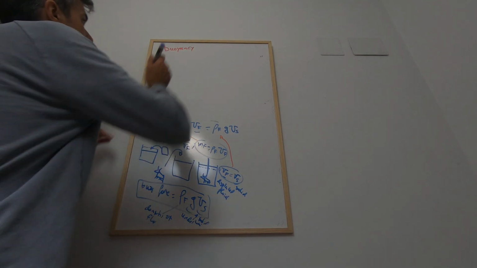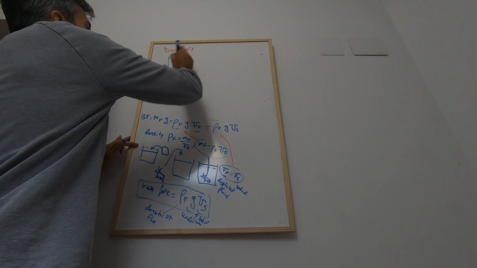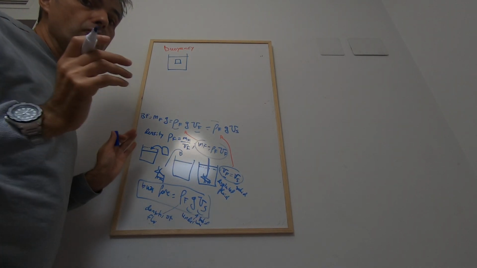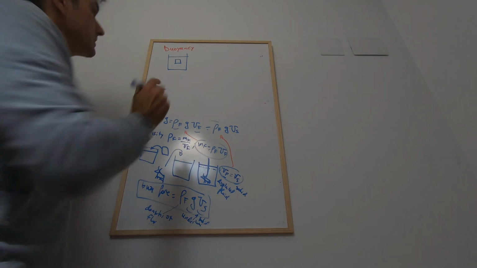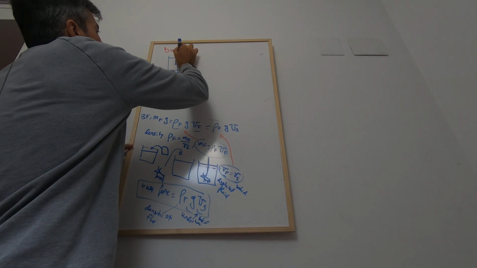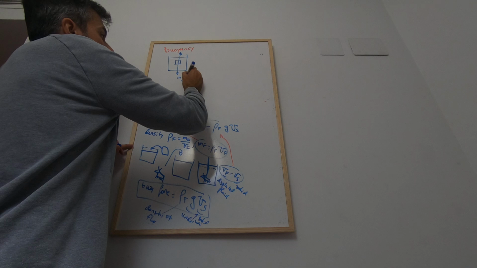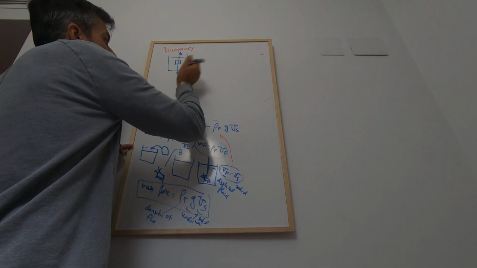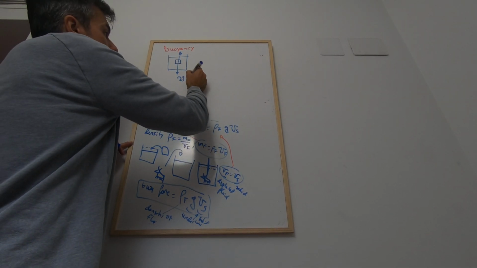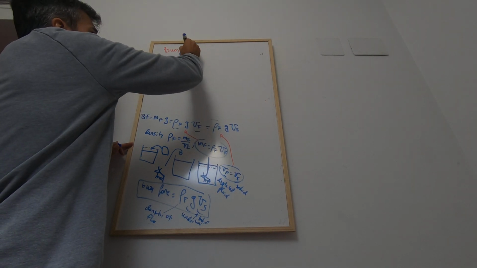The first case is when the solid is inside, and it's not moving, not going upwards or downwards. To achieve this, we have the weight. Mg is the weight of the solid: ms, the mass of the solid, times gravity. And we have the buoyancy force.